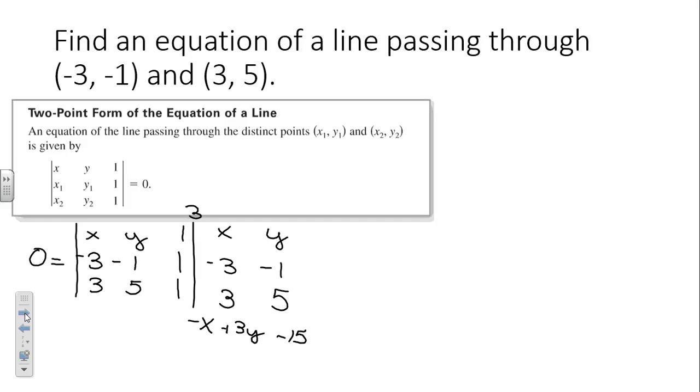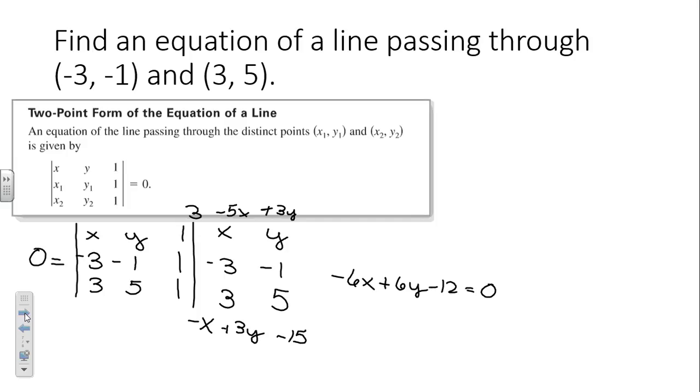And then a negative 5x when we change the sign, and a positive 3y when we change the sign. So I have a negative 5x and a negative x for a total of negative 6x, a positive 3y and a positive 3y, negative 15 and a positive 3 has to be equal to 0.